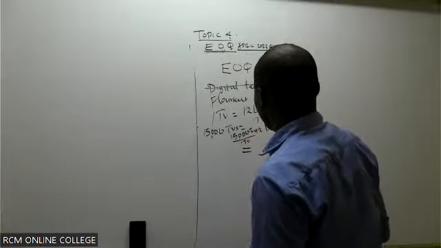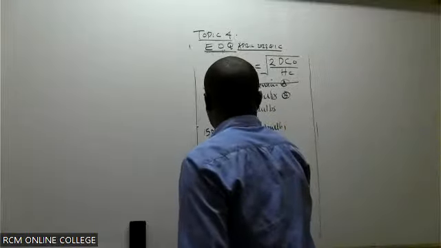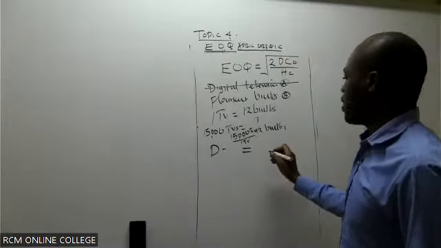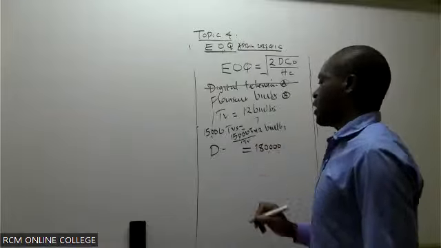So total number of bulbs for the entire year, that is what we call D in our formula. Annual demand is equivalent to 180,000.